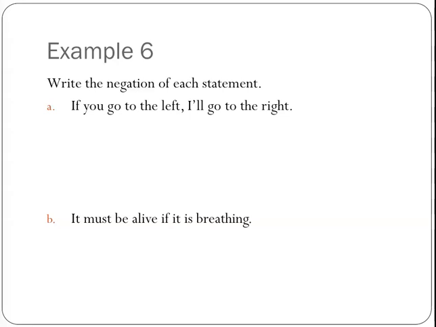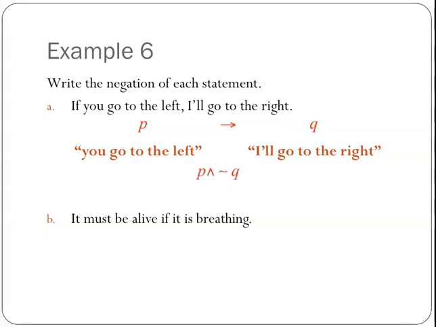Okay, so again, we're going to break it down and say, okay, P is you go to the left, Q is I'll go to the right, so P implies Q. And we said the negation is the same as writing P and not Q. Okay, so if we're going to write this out, you go to the left and I won't go to the right.